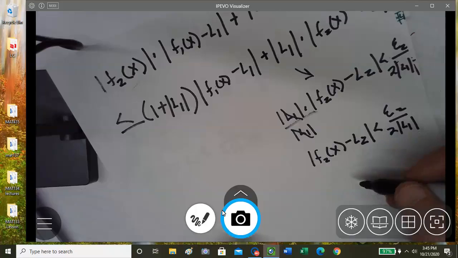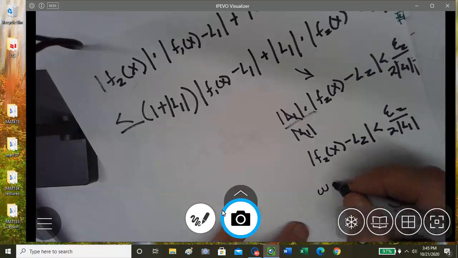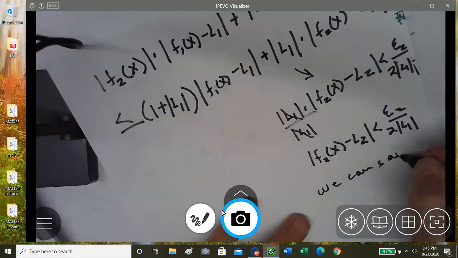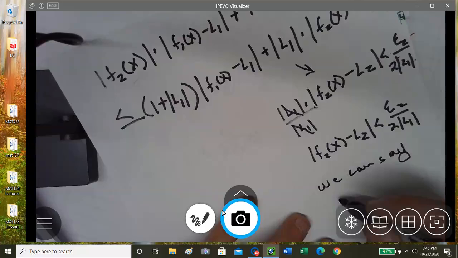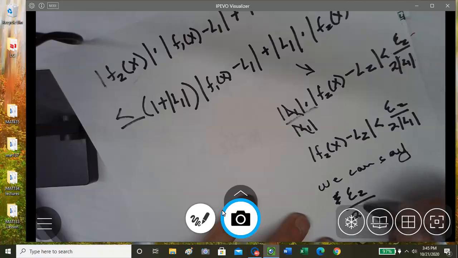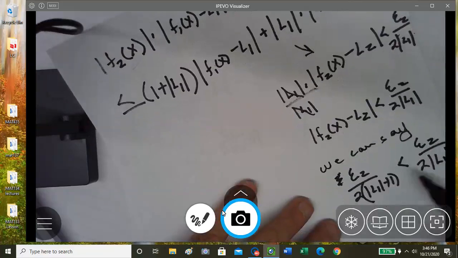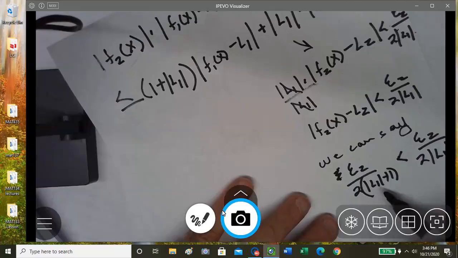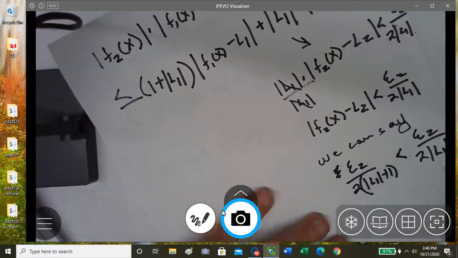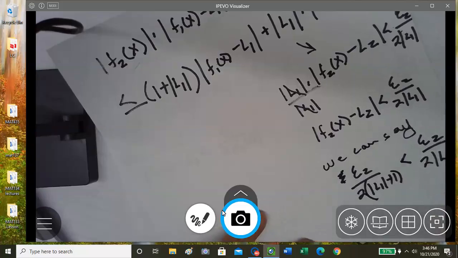So we can say that if we add 1, epsilon 2 over 2 times absolute value of L1 plus 1 is less than epsilon 2 over 2 times absolute value of L1, because the larger the denominator, the smaller the fraction. So it's okay to go smaller for epsilon.